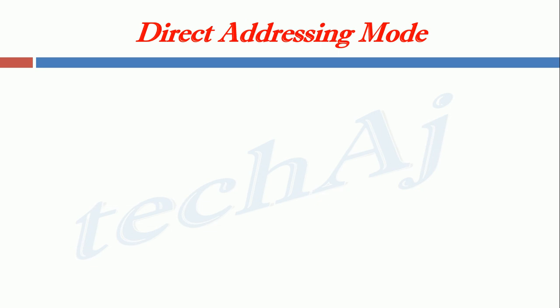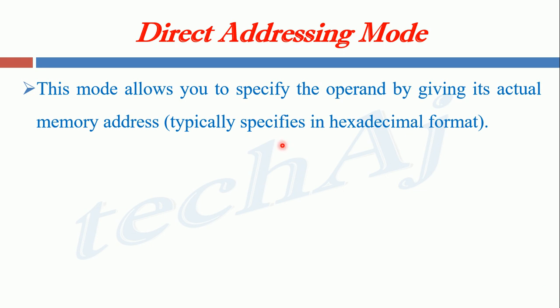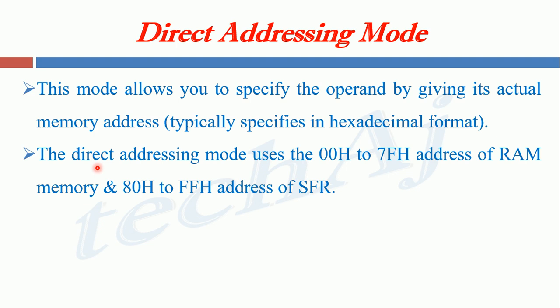Next addressing mode is direct addressing mode. This addressing mode allows you to specify the operand as an actual memory address. These memory addresses are typically specified in hexadecimal format. Direct addressing mode uses 00H to 7FH addresses of RAM memory and 80H to FFH addresses of SFR registers.